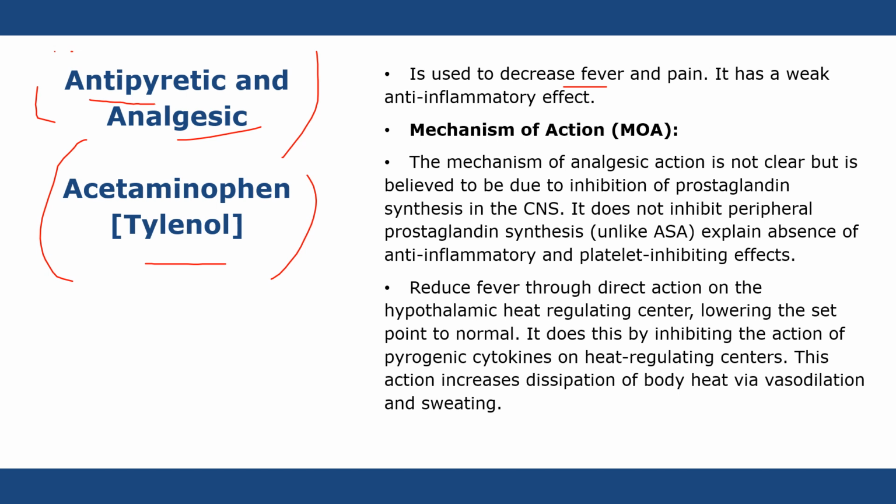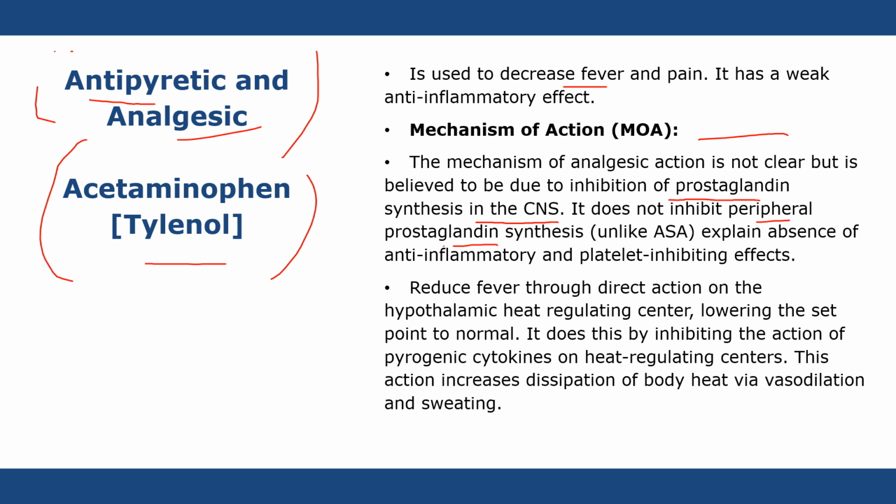The mechanism of action is, for pain, it is not clear. However, we believe that this medication will inhibit prostaglandin synthesis in the central nervous system, CNS, but does not inhibit peripheral prostaglandin synthesis.